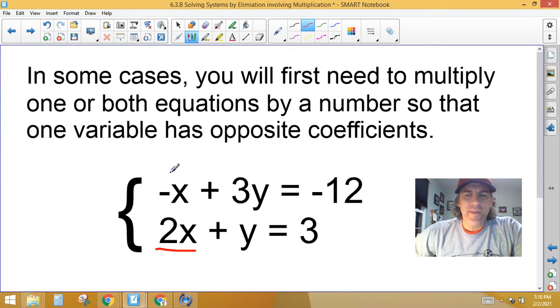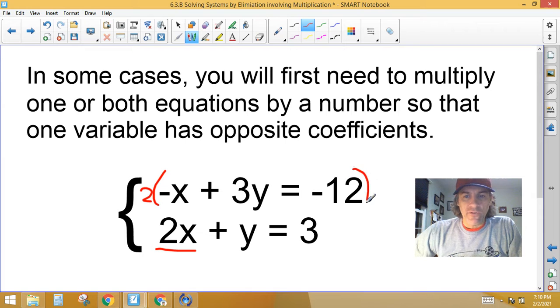If this happened to be a minus 2x, wouldn't that minus 2x and that 2x cancel out? Why, yes, it would. So if I were to multiply this by 2, I would get negative 2x and 2x, and they would cancel each other out.